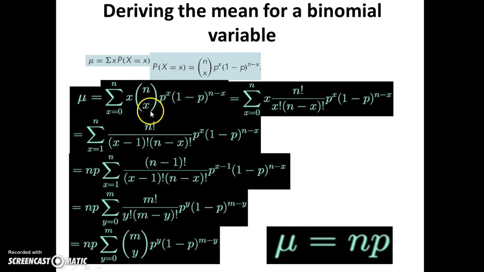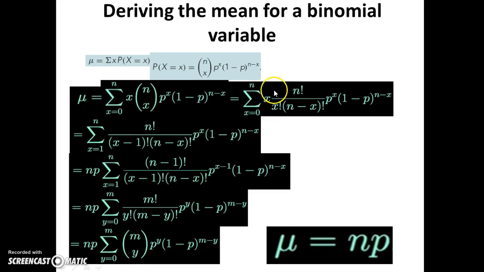We know that this is the binomial coefficient, and we can write this expression using factorial notation. After we do that, we start simplifying. We do all this math and we find this. Let me quickly explain how we do the simplification. The sum goes for x from 0 to n.